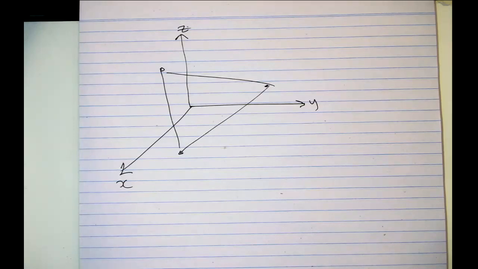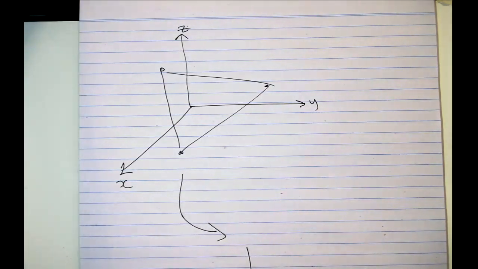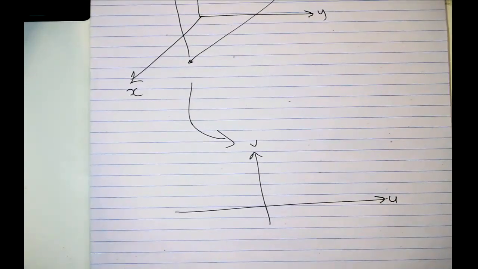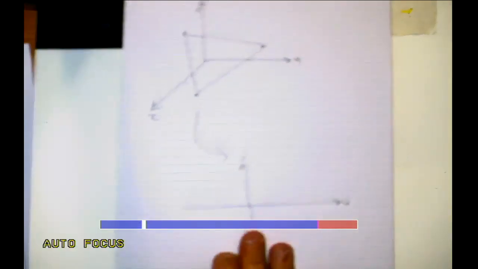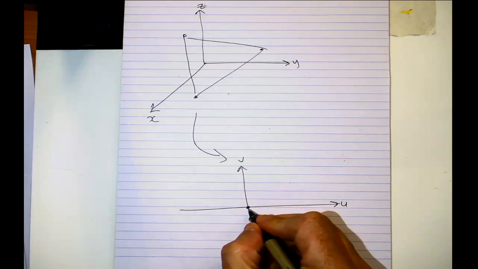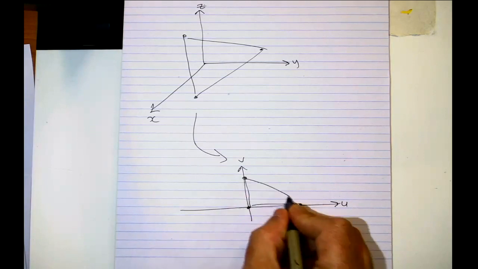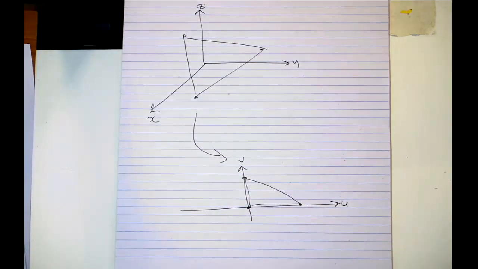I've got some triangle sitting in 3D, and I've come up with a mapping that looks like that, that's basically what I've done, isn't it? Because I had 0, 0, 1, 0 and 0, 1. So now I'm going to integrate over du dv.